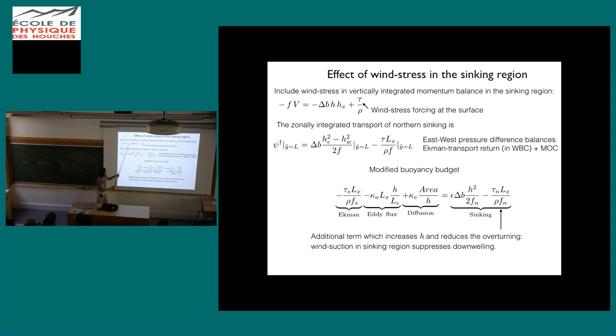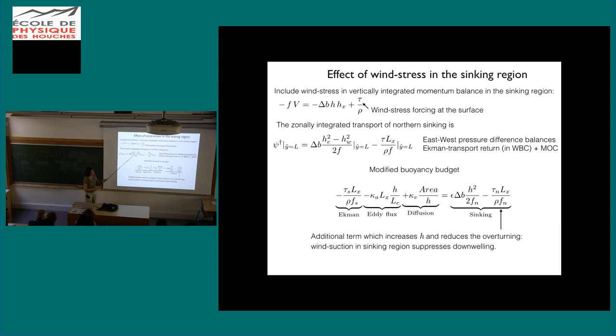And so that's how you got that expression for V in terms of the difference. When you zonally integrate this, you get the difference between the pressure or height on the east minus that on the west. But in fact, there is wind stress at the surface in the northern hemisphere as well. And so when you take that vertically integrated transport, you should include it.